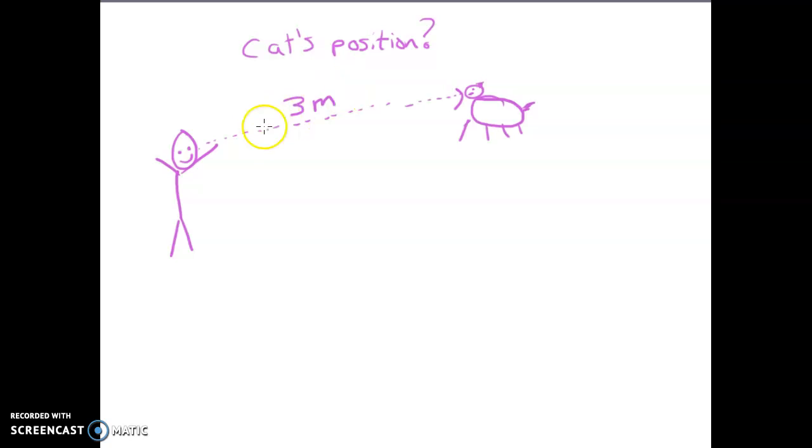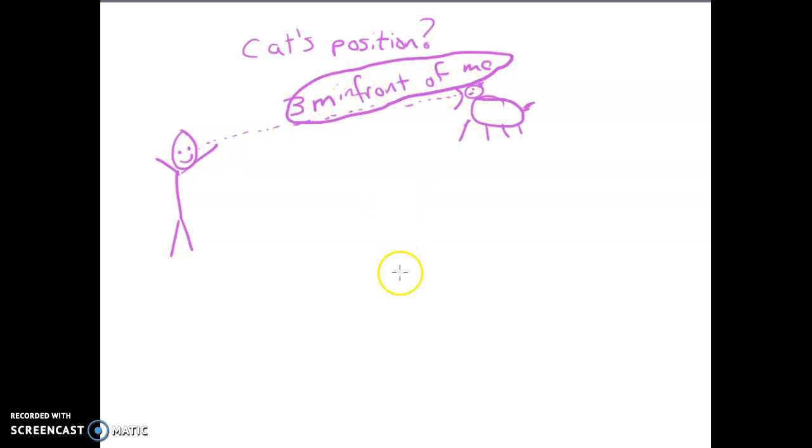Because you're looking at it in front of you, you would say, that's 3 meters in front of me. And so this is the cat's position relative to you, 3 meters in front of you.